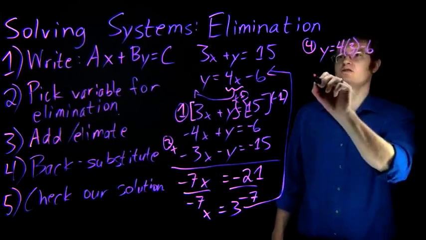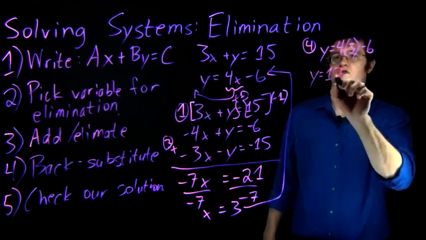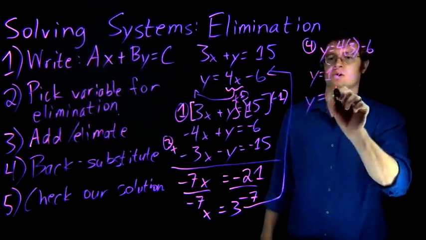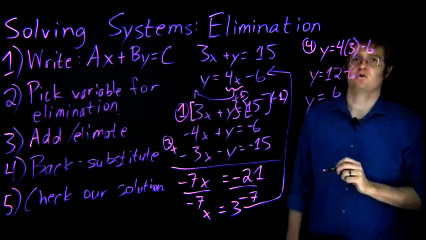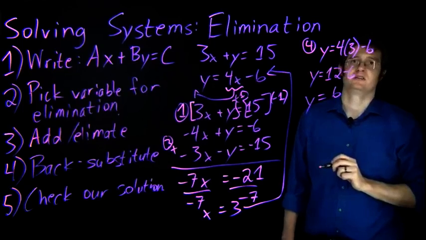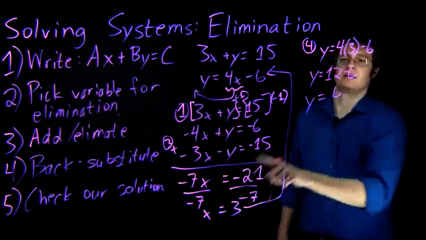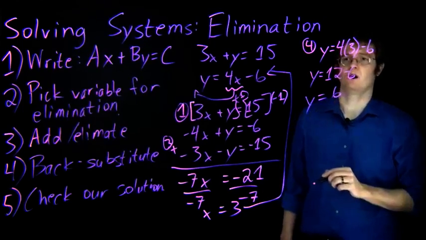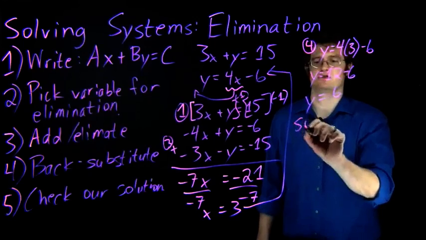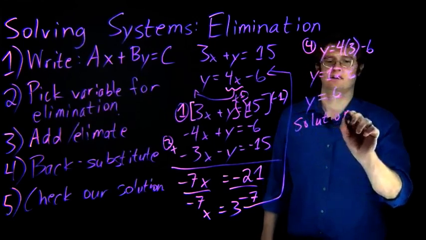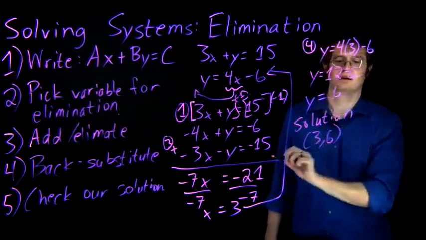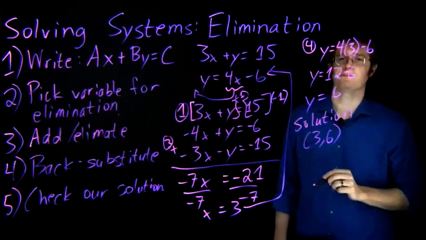So this gives me 12 minus 6, or just y equals 6. So our overall solution here is going to be the ordered pair x, y. So we believe that our solution is (3, 6).